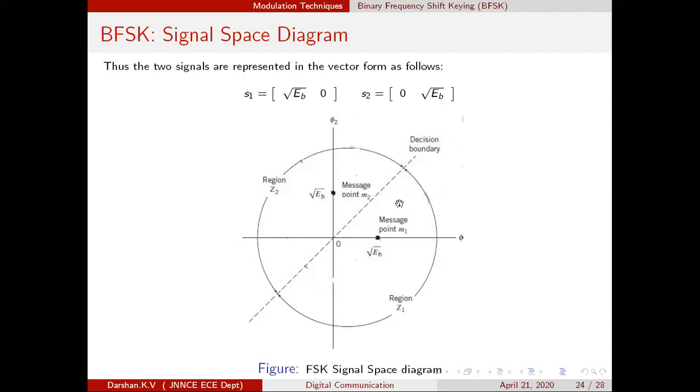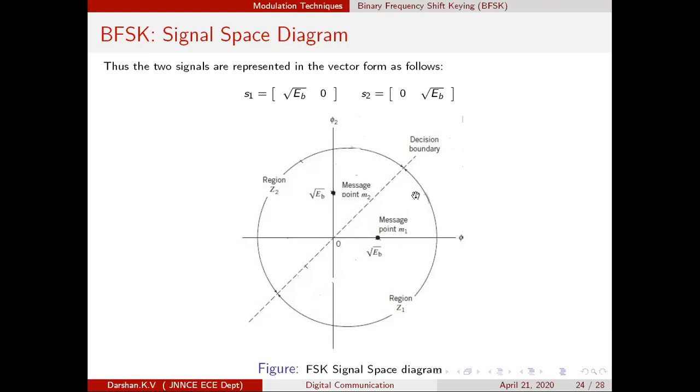In contrast, if any point lies over here, to the left side of the decision boundary, then that point has the first coordinate lesser than the second coordinate. Just observe this concept. This is the demarcation line.